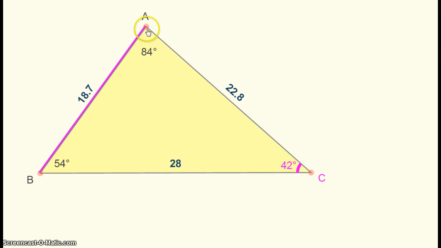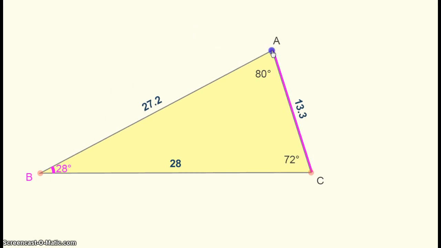So now in this triangle, 42 is the smallest angle, so that now means that AB is the smallest side. So the size of the angle determines the length of the side, and you could flip that around and say, well, the size of the side makes the angle.